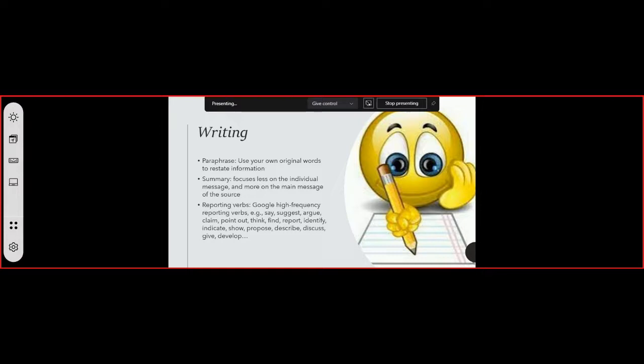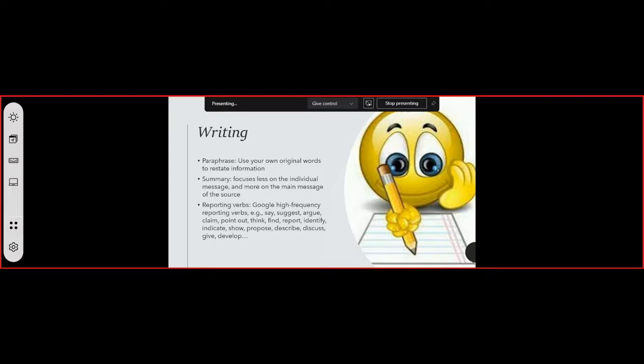Also the use of summaries, but there's a very important distinction. When we use our summaries of sources that we have consulted, we focus less on the individual message and more on the main message of the source.